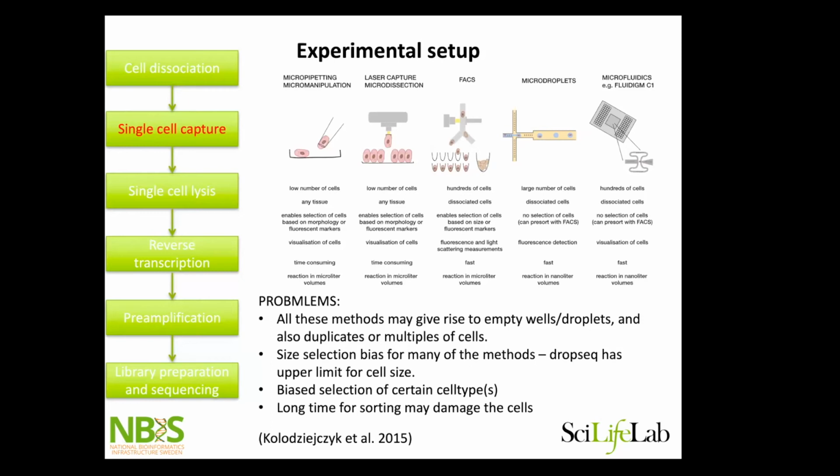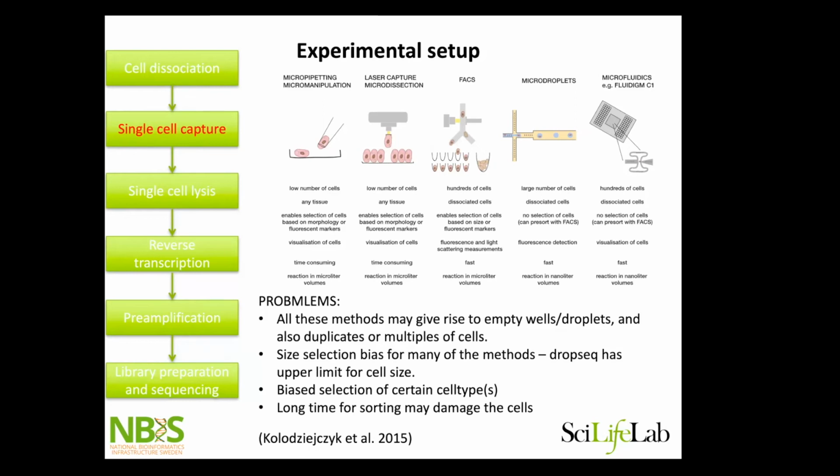Then the next step of the procedure is to capture single cells. And as Carolina talked about, there's multiple methods. You can do the manual steps, you can do FACS sorting, droplets, microfluidics. Pretty much all of these methods will give doublets and most likely some empty wells or just cell debris in a well and so on.